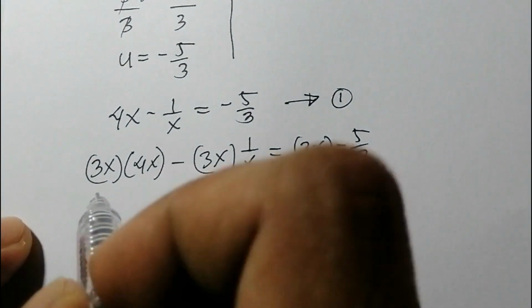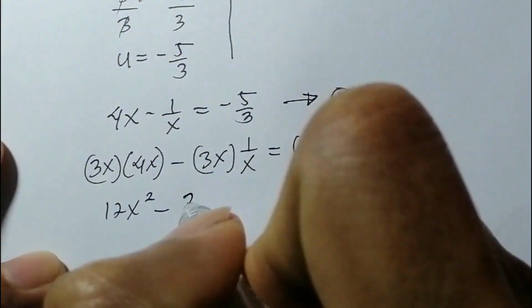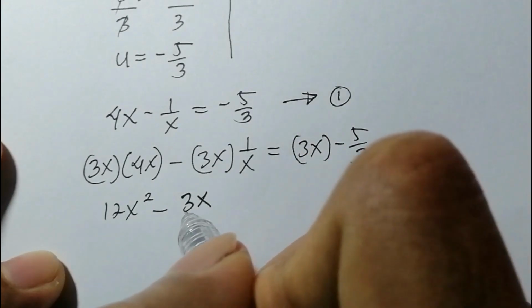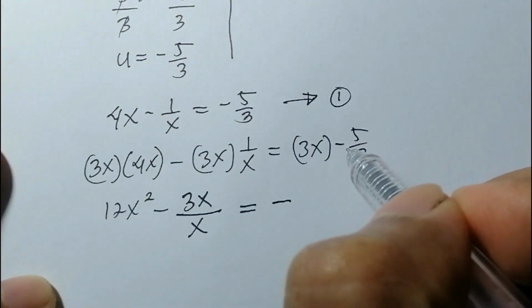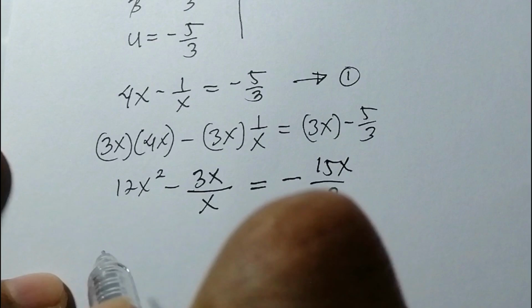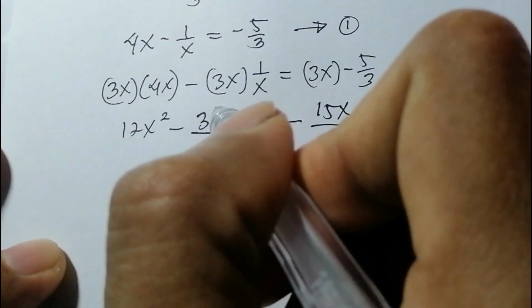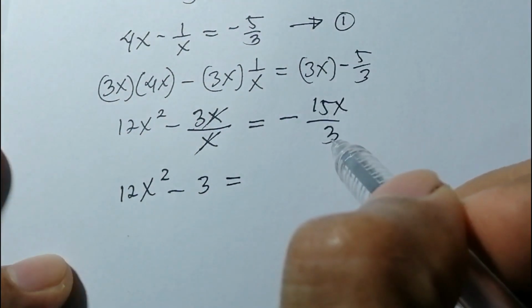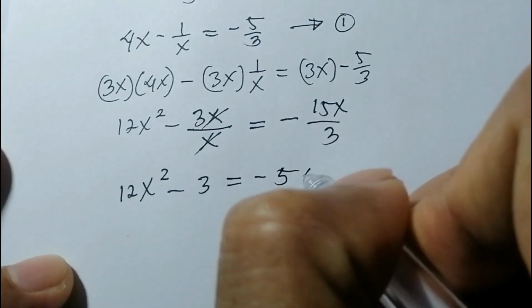So 3 times 4 is 12x squared, minus 3x over x, and we cancel the x, so this will be minus 3. On the right side, 3x times negative 5 is negative 15x over 3, and 15 divided by 3 is 5, so this will be negative 5x.